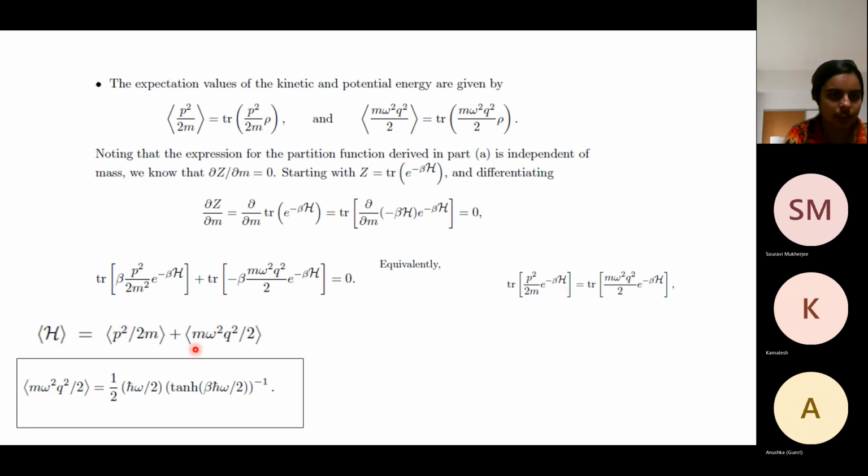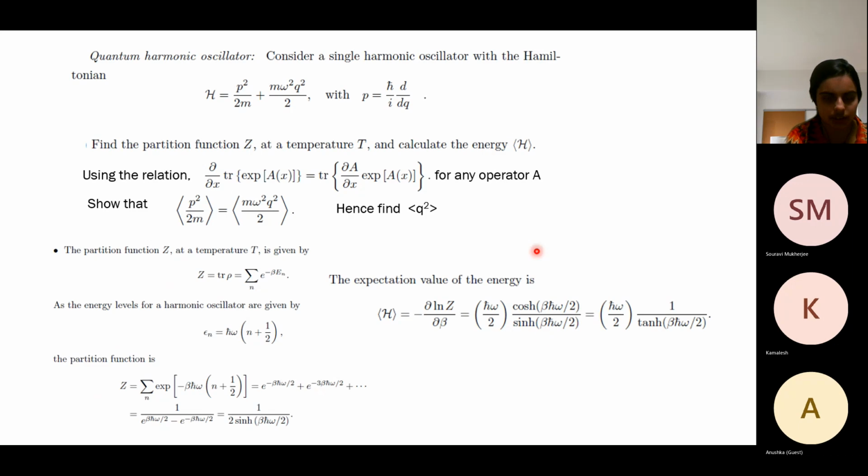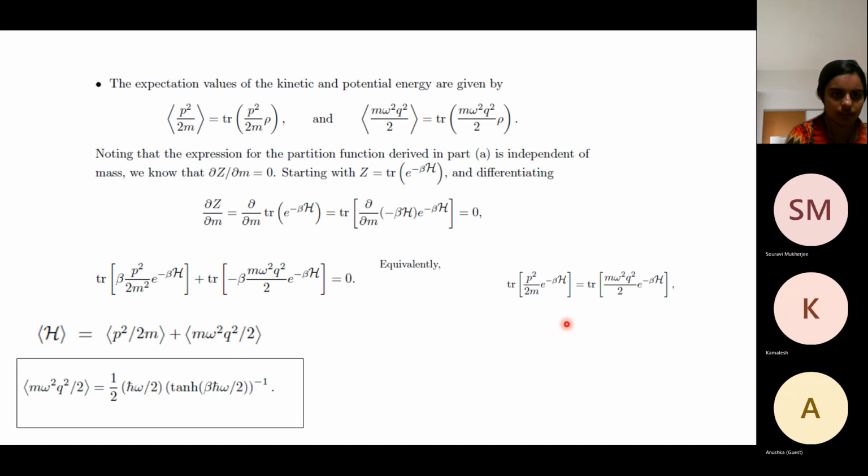So both of these terms have the same expectation value. If we have to find the expression for one particular term, since both are equal, you can write the total as 2 into m omega square q square by 2. So individually, each of these will be half of the average energy expression that we found initially.